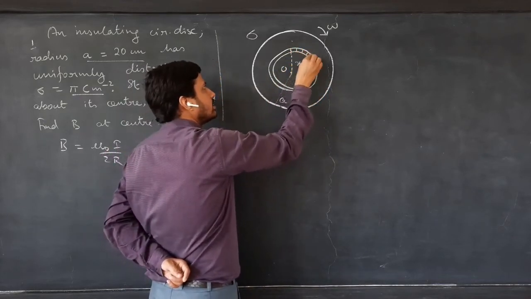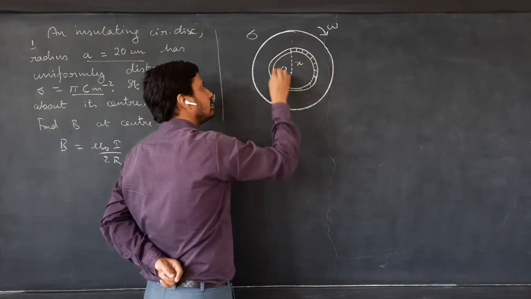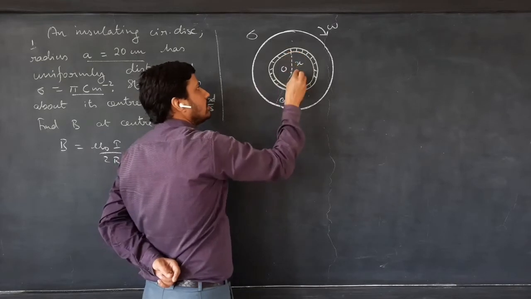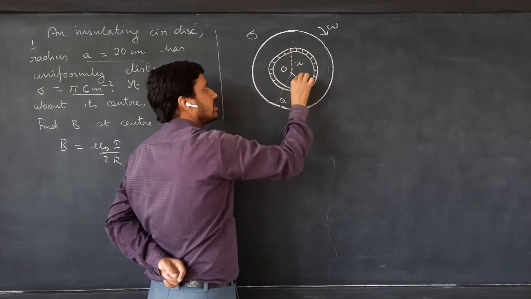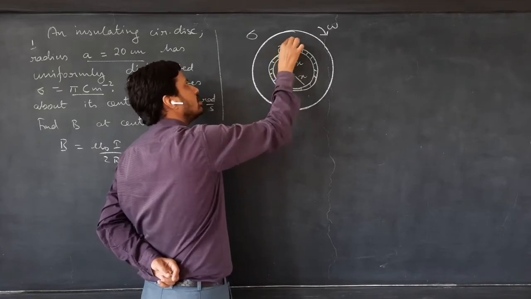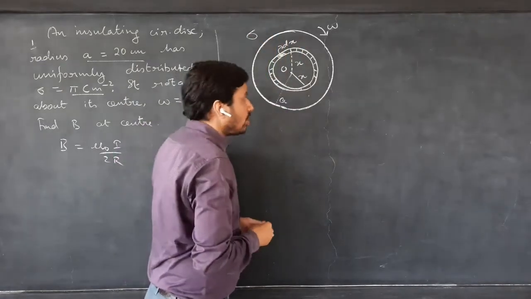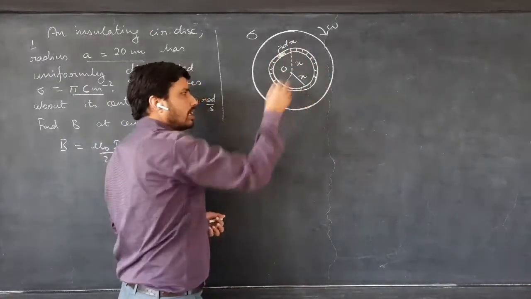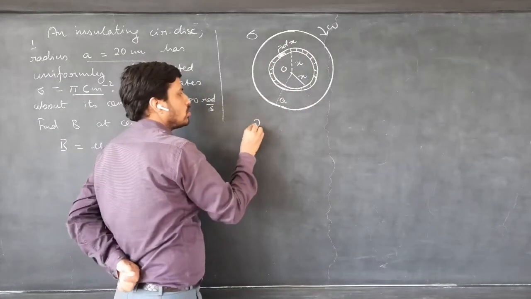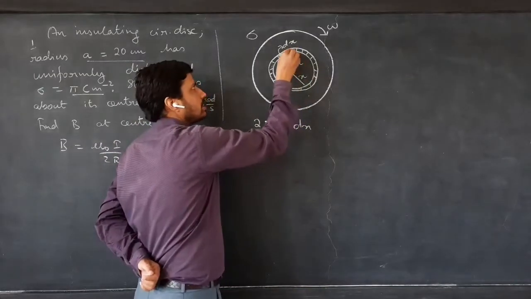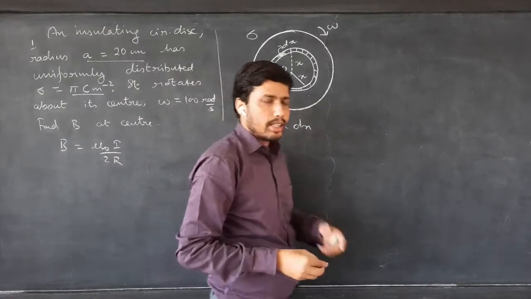So this thickness, the shaded part, is dx. Its radius is how much? X. And its thickness is how much? Dx. What will be this surface area? This area of this ring will be 2 pi x times dx. The perimeter times this thickness will be the area.